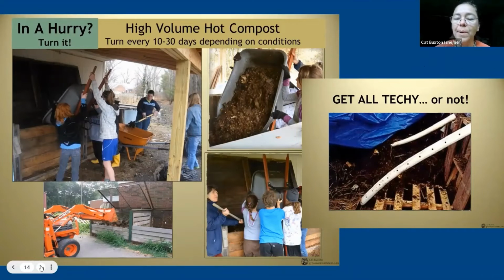And that'll continue happening every time you turn a pile. You should be able to put a thermometer in there and see the temperature rise again. If that temperature doesn't rise, either there's something else to troubleshoot, or perhaps your compost is finished, which you'll also have lots of other indicators for, like visual indicators showing you that your compost is finished.